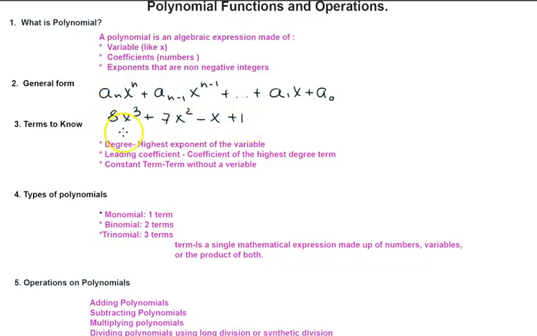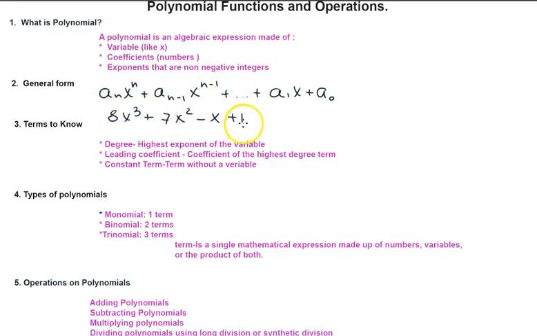So in the polynomial that I gave you as an example, let's see what the degree, leading coefficient, and constant are. Those are terms that you need to be familiar with. The degree of a polynomial is the highest exponent of the variable. Before you start looking for the degree, make sure your polynomial is written so that the exponents go from the highest to the lowest.